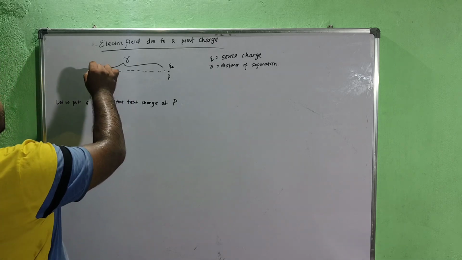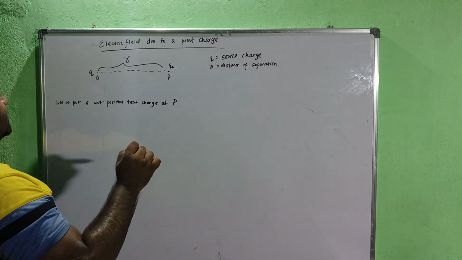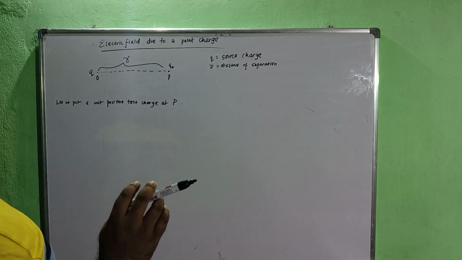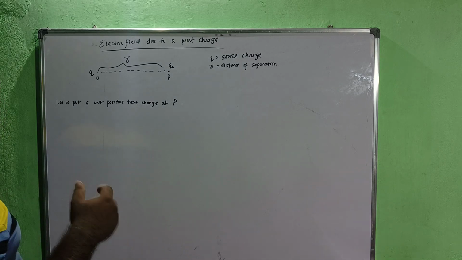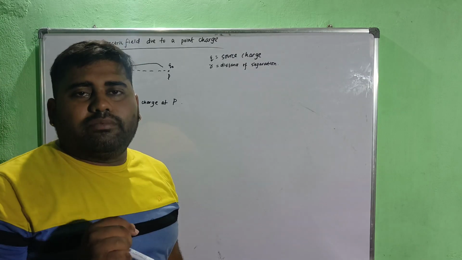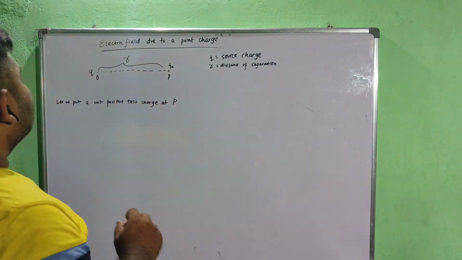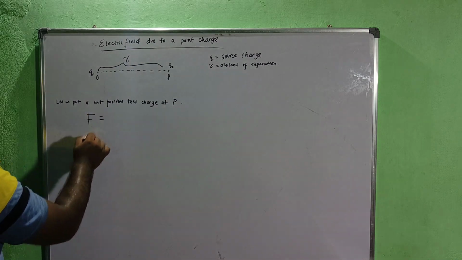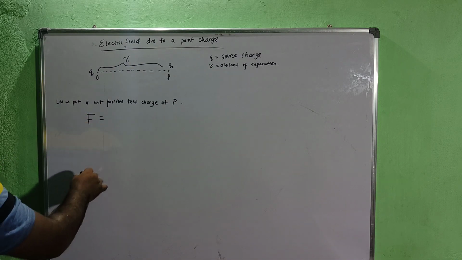Since these are charged bodies, there should exist electrostatic force between them, and that force is given by which law? Coulomb's law of electrostatics. So what is that force? F equal to K Q naught by R squared.